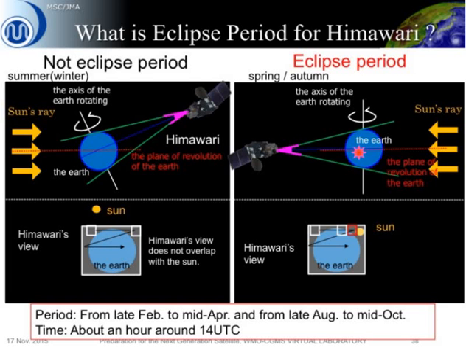In addition to this risk, significant thermal variation of the satellite is caused when the satellite enters and leaves the Earth's shadow. These affect Himawari 8 operation and its imagery quality. And eclipse occurs from late February to mid-April and from late August to mid-October. The affected time is about an hour, around 14 UTC.